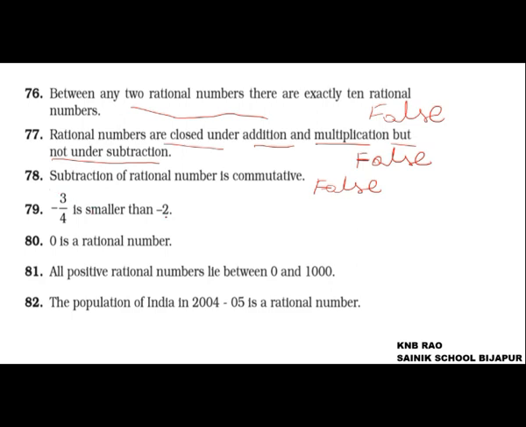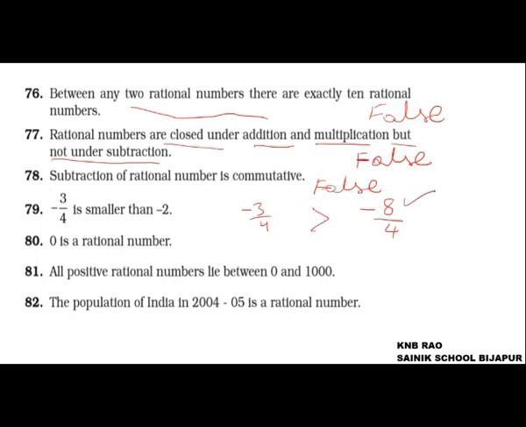Minus 3 by 4 is smaller than minus 2. You know how to verify. Bring it into the same denominator. Minus 3 by 4, and minus 2 can be brought into the same denominator as minus 8 by 4. So amongst them, which is the smaller? Obviously, minus 8 by 4 is the smaller.